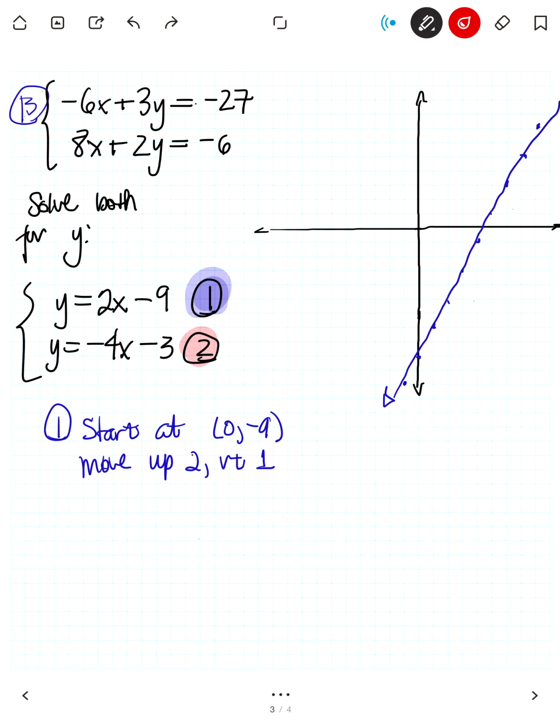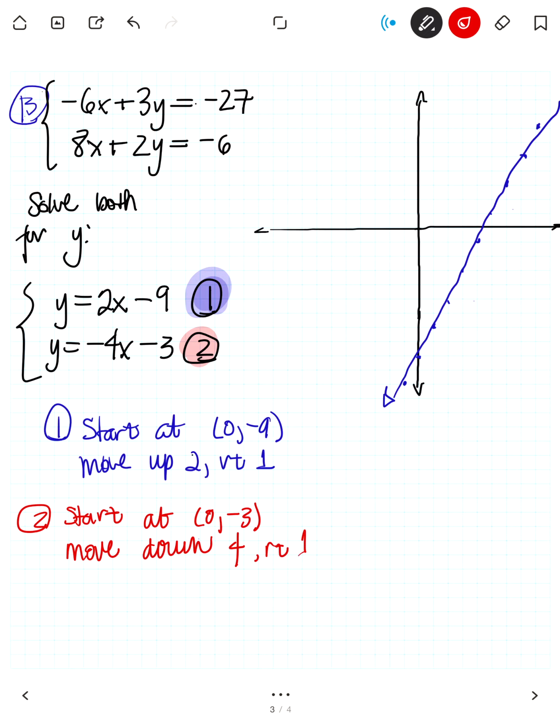So this is a negative 4 slope and an intercept of 0, negative 3. So for the second one, we're going to start at 0, negative 3, and we're going to move down 4, right 1.